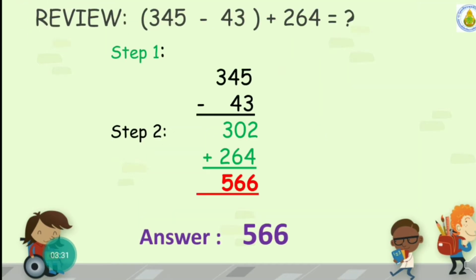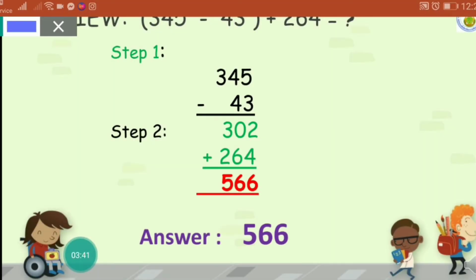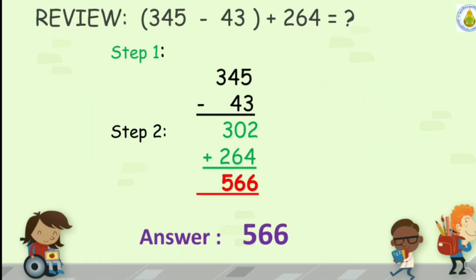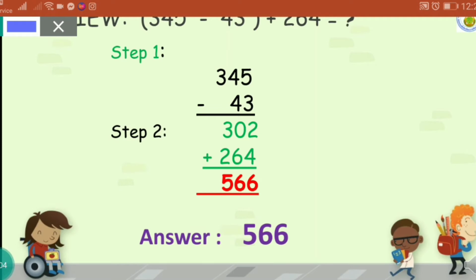Great. Let's have another example as our review. Inside the parentheses, we have 345 minus 43 plus 264. So again, our step number 1, answer first inside the parentheses.